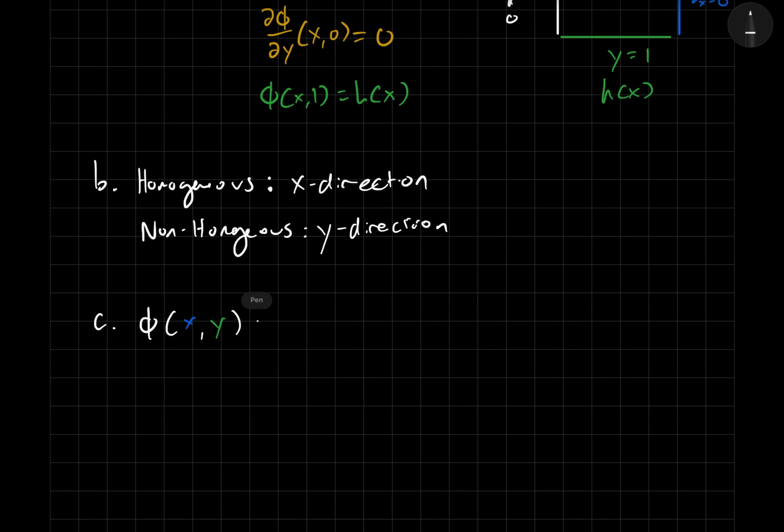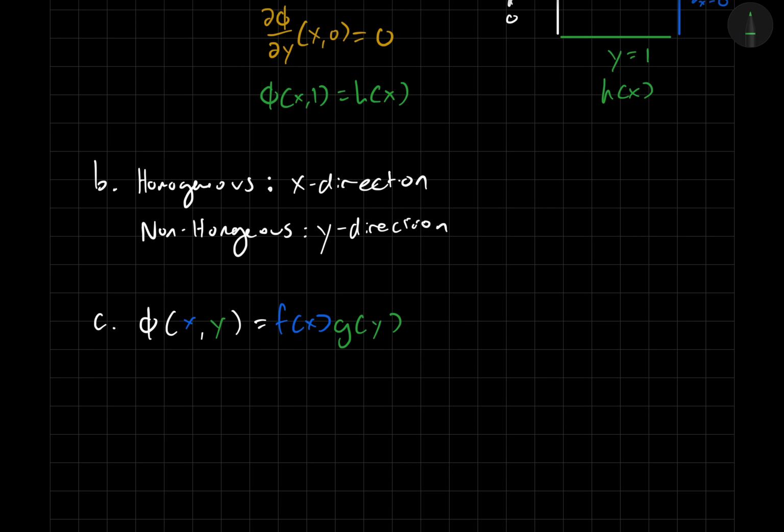And we can actually just directly split this into f of x times g of y. Which makes things very nice because now we can independently solve for these two things. So this is something you can basically always do when trying to solve for PDEs, and this is something you should try to do in the beginning.